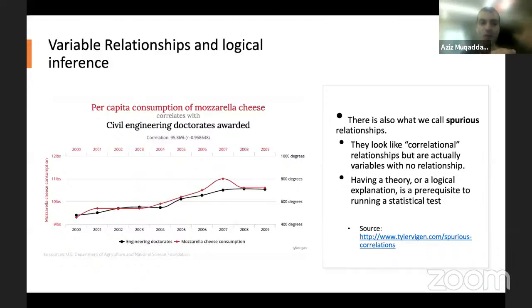So with two things, you have to provide a logical explanation of why you think there is a coherent relationship. That's what we call theory. If you remember, theory explains the relationship between two variables. There is a logical explanation of why these two things covary together.